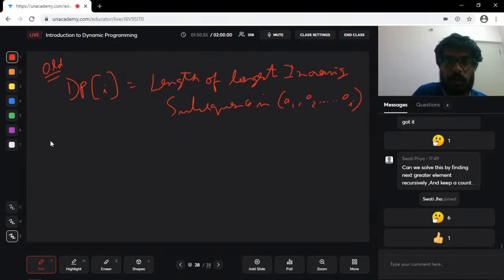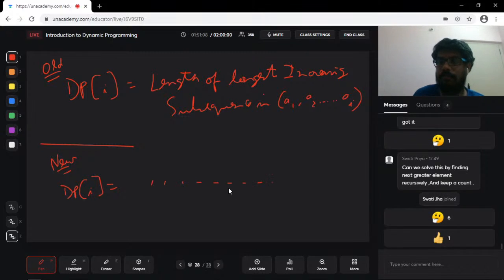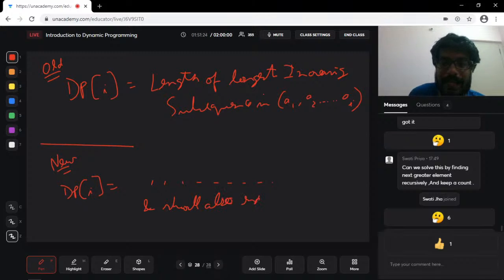Now we are going to tweak this, and the new DP definition is the same, with an extra constraint: this longest increasing subsequence should also end at AI.